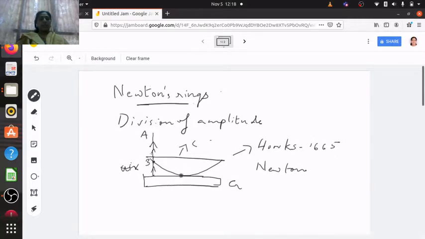We can see that at the center, or the point of contact between the lens and the glass plate, the thickness of the air film will be zero, and it gradually increases from the center outwards. The thickness of the air film increases from the point of contact to the outside.